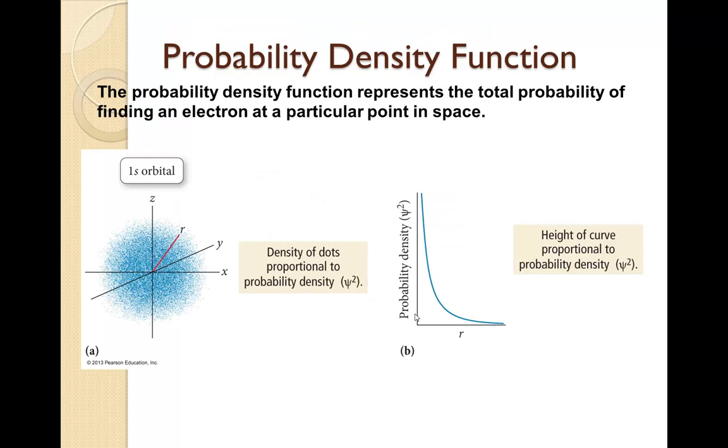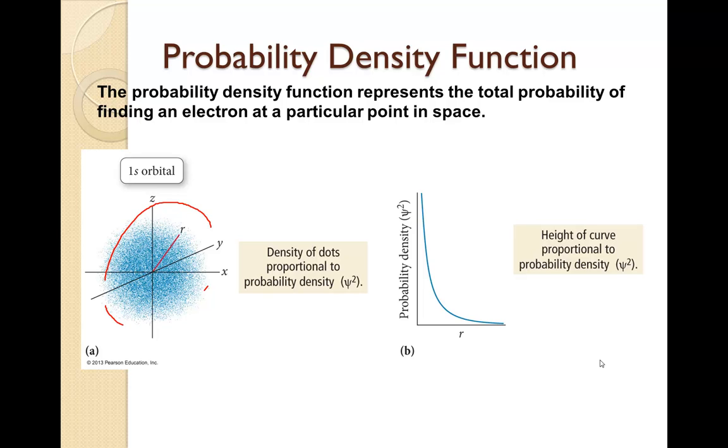And this is what the probability density function is. The probability density function represents the total probability of finding an electron in a particular area. So if we look over here, you'll see all kinds of scattered dots. Where you'll see the most dots are in the center, and that's where you get the greatest probability. There are a few on the outside here, but there's a lower probability of finding it there.